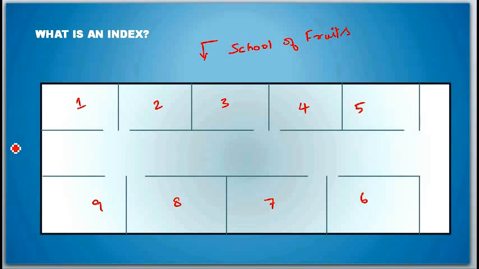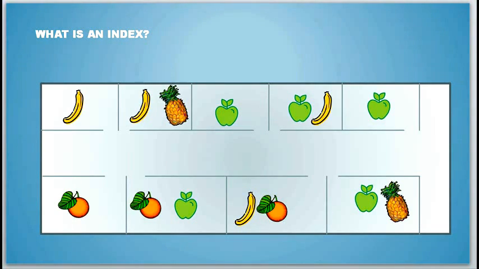Okay, so let's say this is a school's hallway, and then we have classroom 1, 2, 3, 4, 5, 6, 7, 8, 9. Let's say during the class time, all the fruits are there in the class, which means that we have a banana in classroom 1.